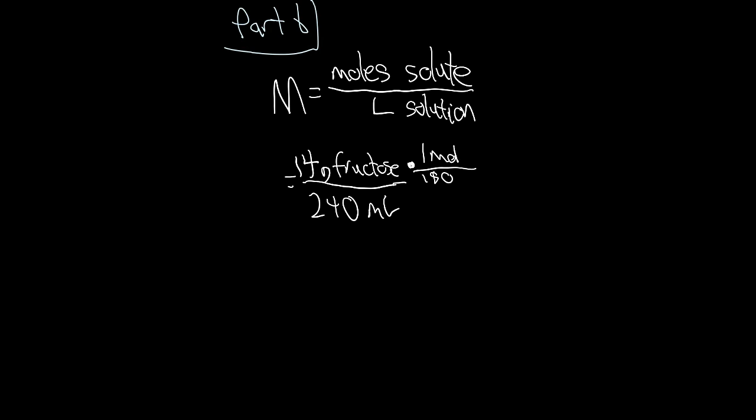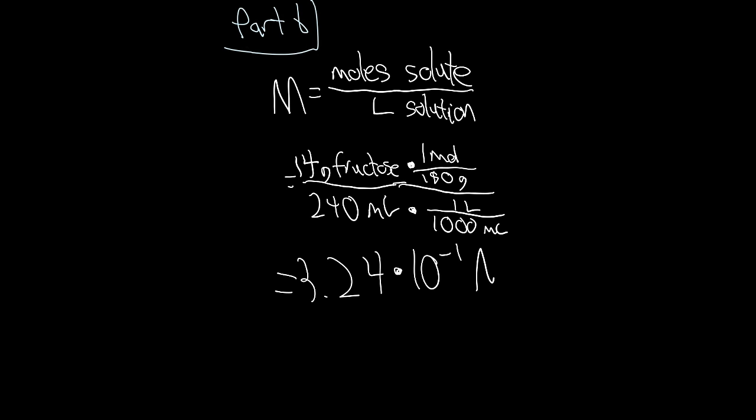We also know that we have 240 milliliters of Gatorade, which is our solution. And in order to convert that to liters, we can go ahead and divide that by 1,000. Plug it all in, and we get 3.24 times 10 to the negative 1 moles.